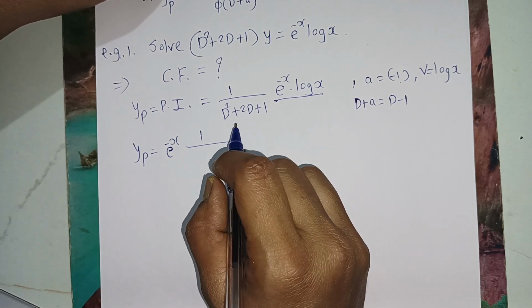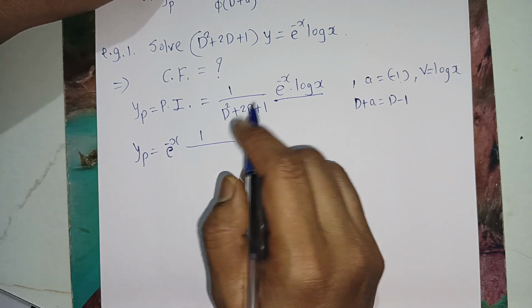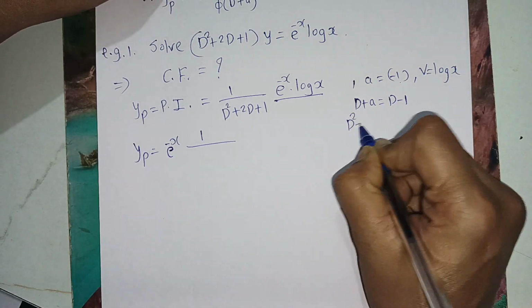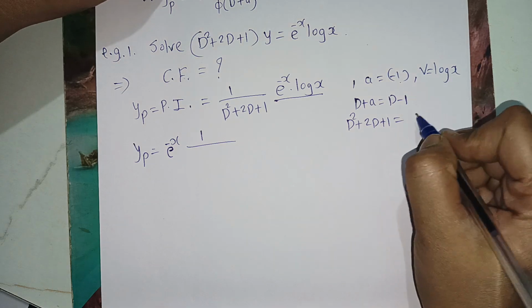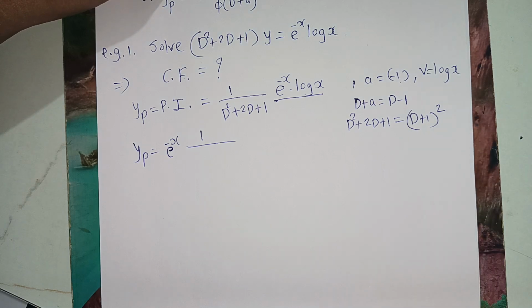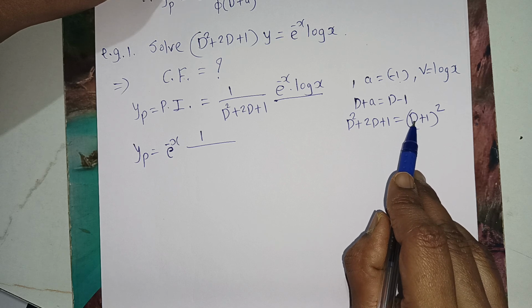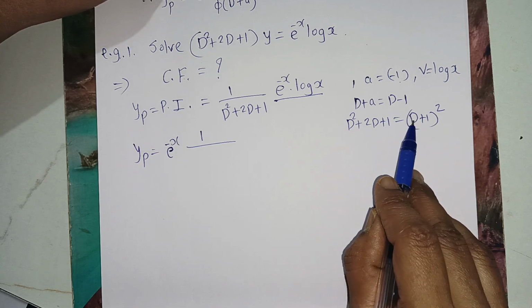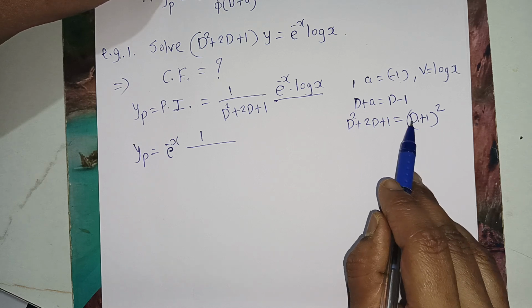Now this can be easier if you rewrite this polynomial. What is D square plus 2D plus 1? It is D plus 1 bracket square. So if you replace this D by D minus 1, then D minus 1 plus 1 will be cancelled and you will simply have D square.